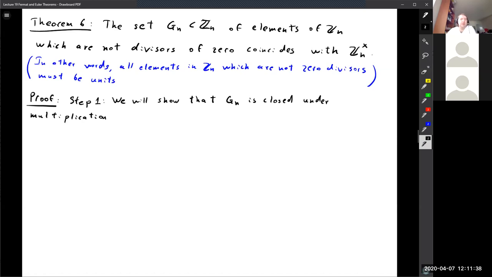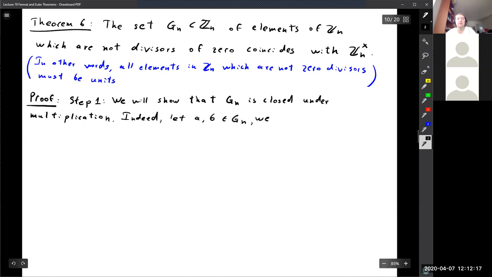Now, for this part, let's take A and B in G_n. Our goal is to prove that their product is not a zero divisor. Let A, B belong to G_n.